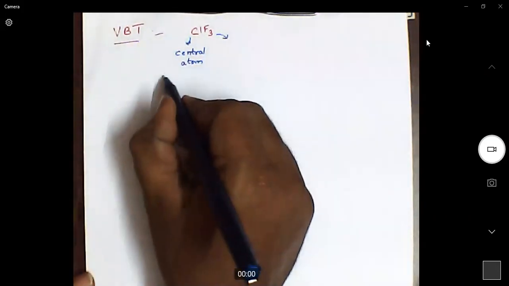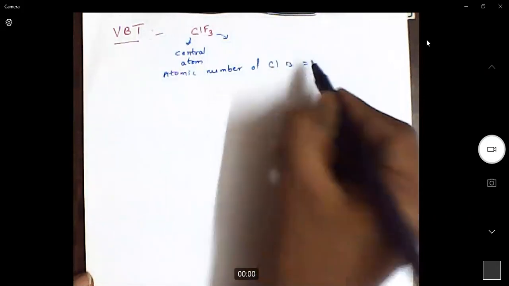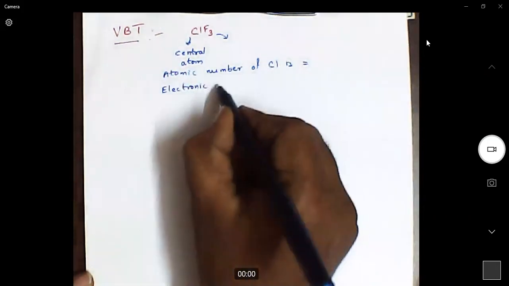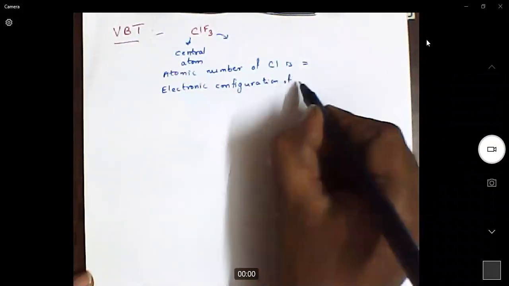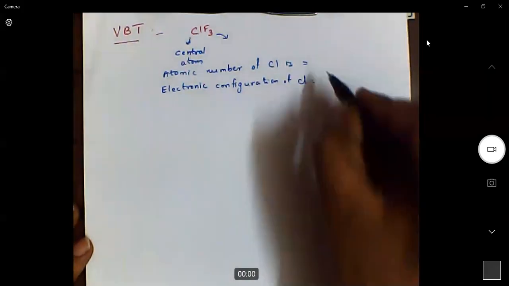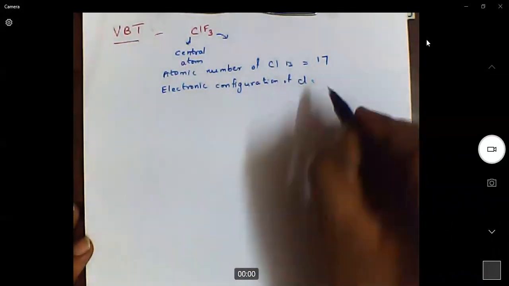Now, the atomic number of chlorine, electronic configuration. What is the atomic number? It's 17.